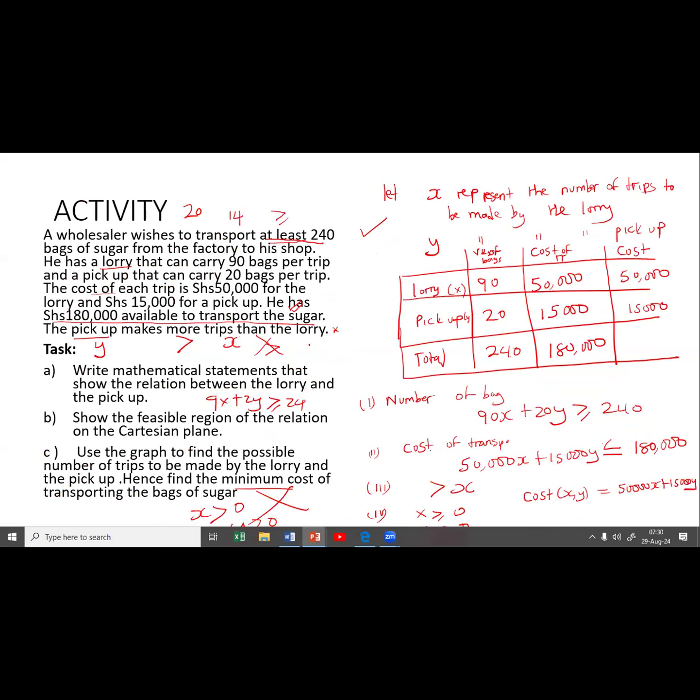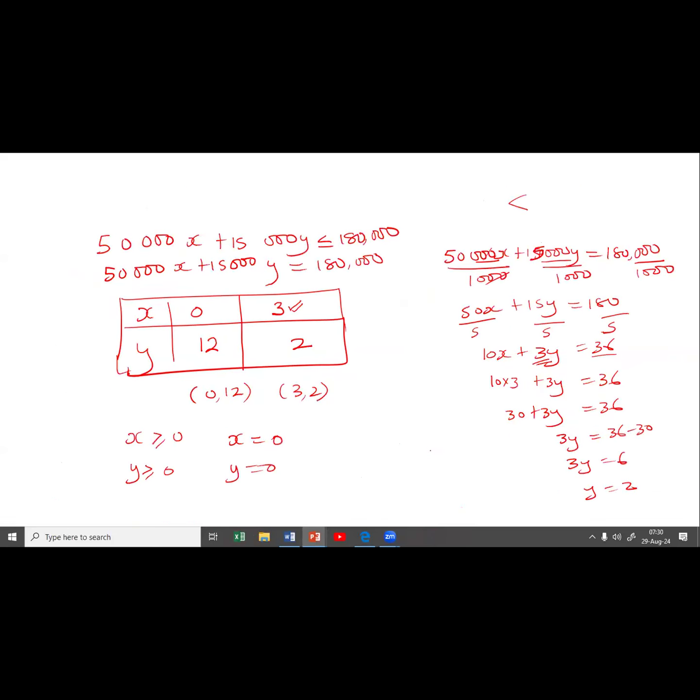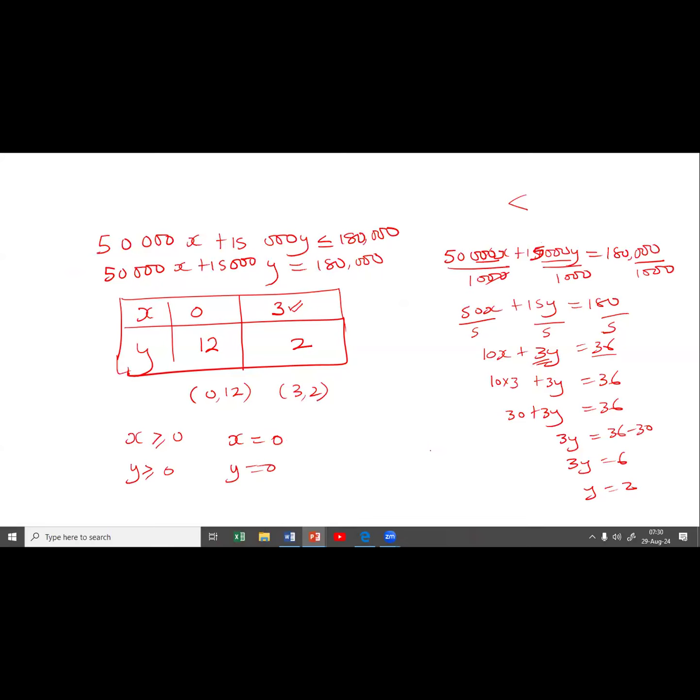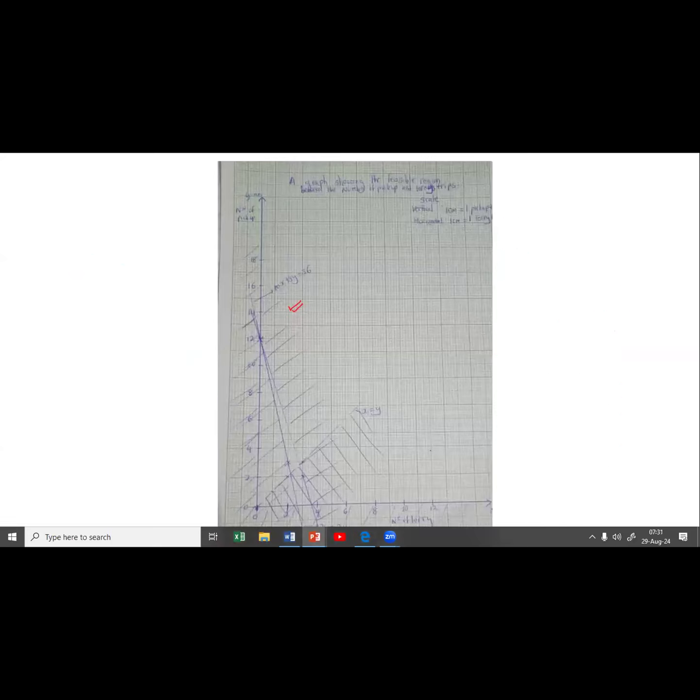Okay. Allow me now to take... Yes? Wait, one more, sir. On the graph, we have not plotted that y is greater or equal to 0 and x is greater or equal to 0. We have plotted it. Let me use this one.